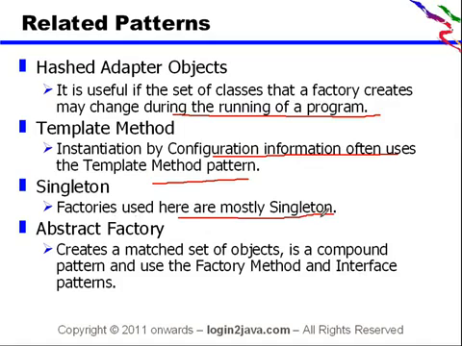All the factories that we have used in our examples should be singletons. Abstract factory creates a matched set of objects. It is a compound pattern and uses the factory method and interface pattern. So actually abstract factory uses factory method, but it creates more than one object, a matched object set for the client.